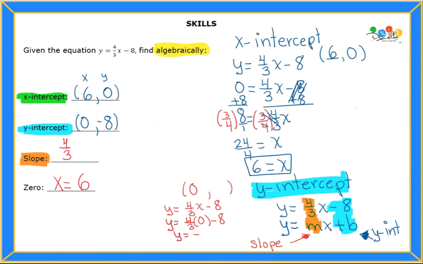And what is the only thing that is left? -8. So when x is 0, y is -8, which is the same thing that we said earlier about the y-intercept. This is the way you can check algebraically if that's my answer or not. Let me highlight this one so that we have a better picture of all of that. And my 0 was my x-intercept, but only the x value.